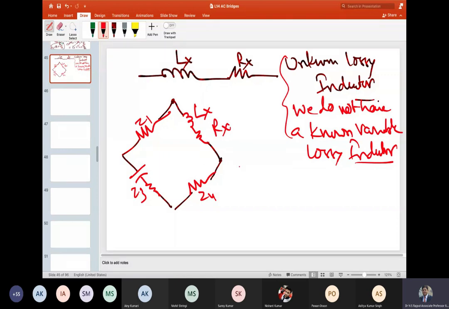So what would that be? As usual, Z2 multiplied by Z3 is equal to Z1 multiplied by Z4. Okay, so opposite arms, multiplication of opposite arms should be equal to multiplication of the other opposite arms.